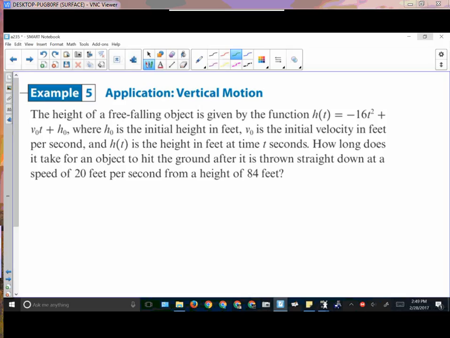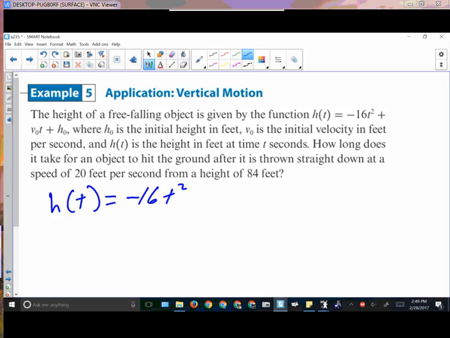So, create the equation. h of t is equal to negative 16 t squared. By the way, remember these are lovely little things for ACT tests, MCAs.